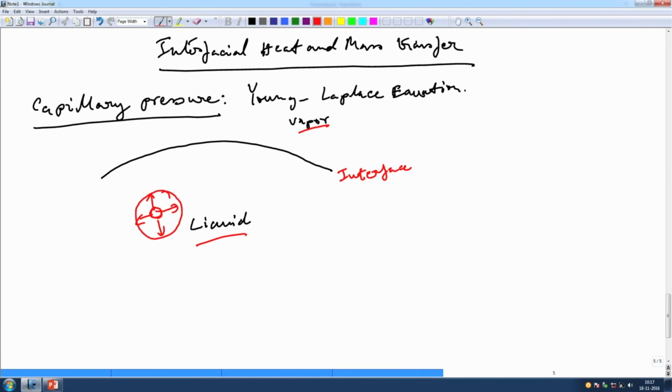So that molecule is balanced from all sides. When the liquid molecule is far inside the liquid pool, away from the interface, it is in a balanced condition. All intermolecular forces from all sides are balanced.